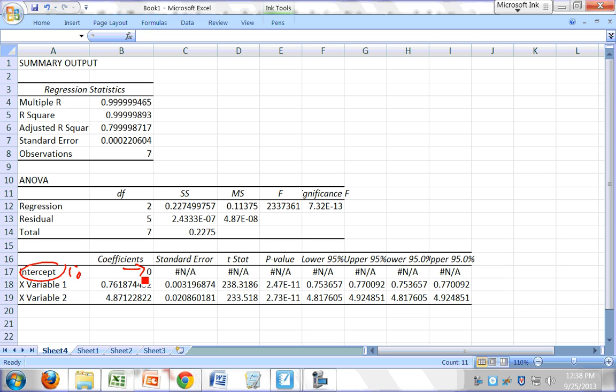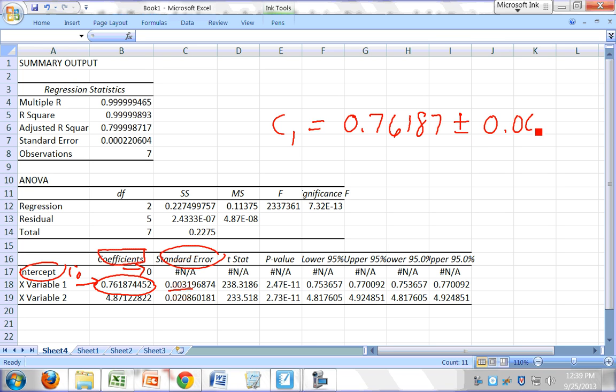Okay, X Variable 1, this is the coefficient column. The coefficient for X Variable 1 is this number right here. So that's your C1. According to this, what is C1? 0.76187 and so on. The standard error for C1 is 0.00319, so plus or minus 0.0032.